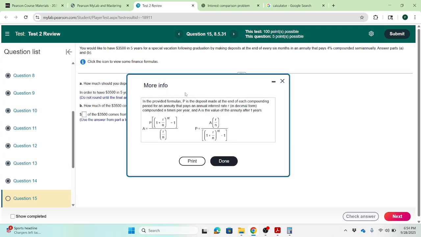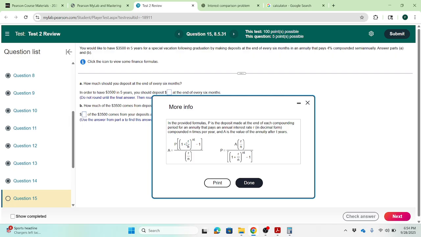Keep in mind, this is the formula that gives you the regular deposit. This is the annuity value, and this is how much regular payment you have to make to get this annuity value. In this case, you would like to have 3,500, so the annuity is already given. You want to find out how much regular payment you have to make.